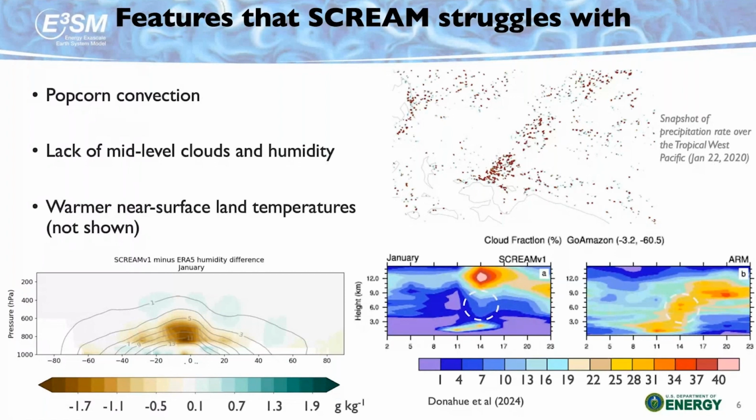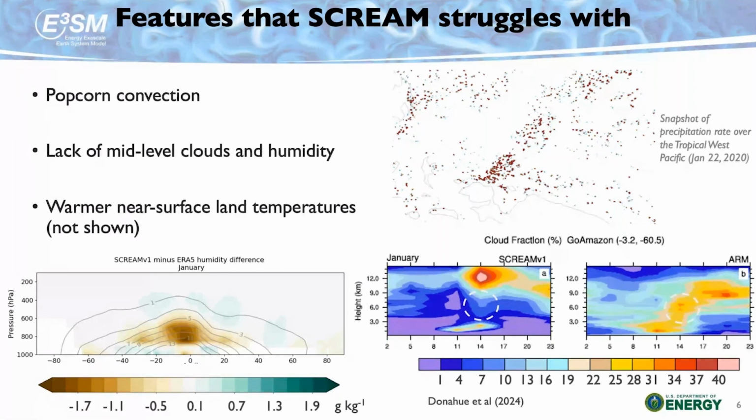SCREAM's struggling to represent congestus clouds, the vertical development as it goes from shallow convection to congestus and then to even deeper systems. We're missing that stage, such that we start to develop the clouds, and suddenly, if enough instability builds up, the clouds shoot up, they detrain at higher levels, and so we don't have an issue with high level clouds, but we miss these mid-level clouds.